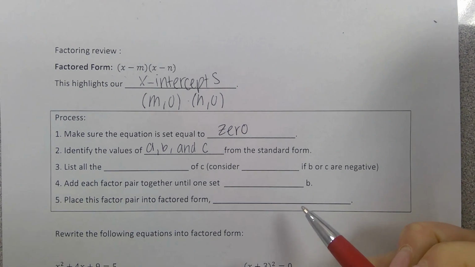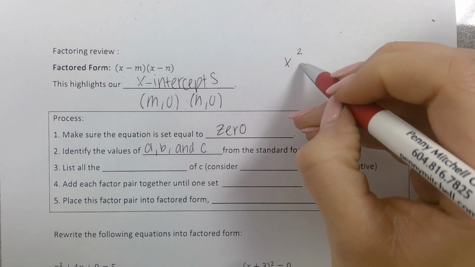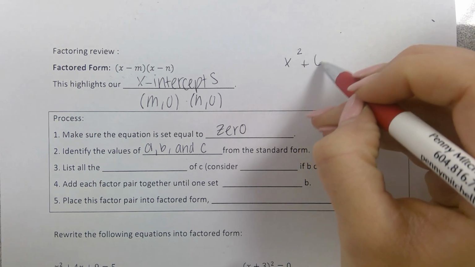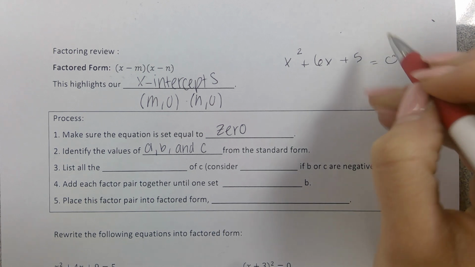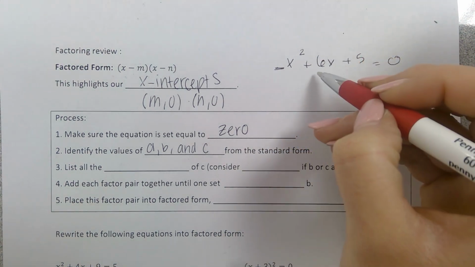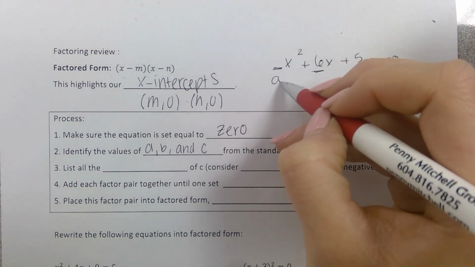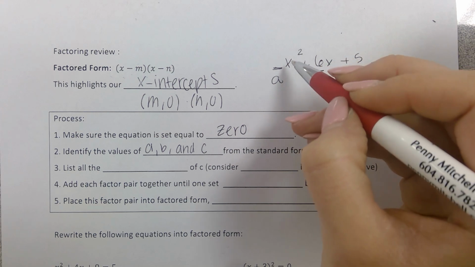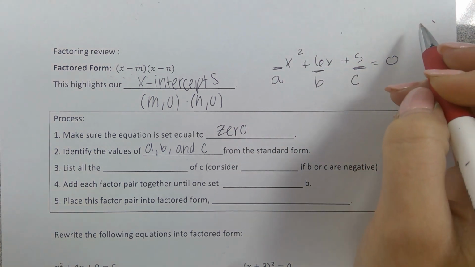If we were looking at something like x squared plus 6x plus 5 equals 0, we would identify our a, b, and c values as our coefficients right here. So this would be my a value. What's next to my x squared or my variable squared? This would be my b value, and this would be my c value.